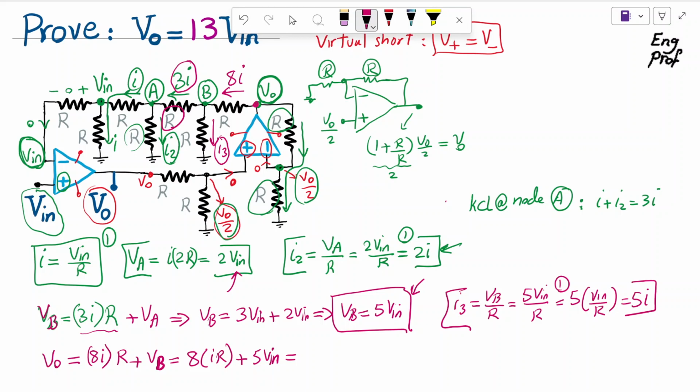So we have 8 V in plus 5 V in, and this means we have 13 V in. And that's exactly what we wanted to get to for V out. So basically, a combination of a number of KCLs we wrote for nodes A and B, and then utilizing KVL in terms of adding the voltage drops across resistors and voltages, helped us to get to what we wanted, which is proving V out is equal to 13 times V in.